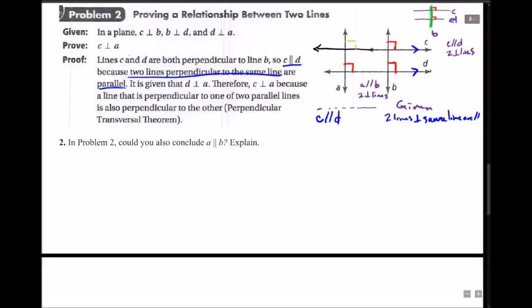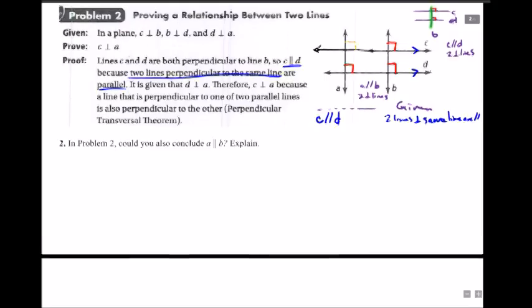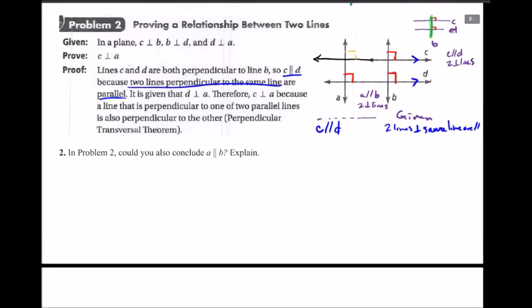Now I am going to redraw this again. Let's have more space here. I now have two parallel lines, C and D, and I can mark them parallel. And now I have transversal A. And I know that.